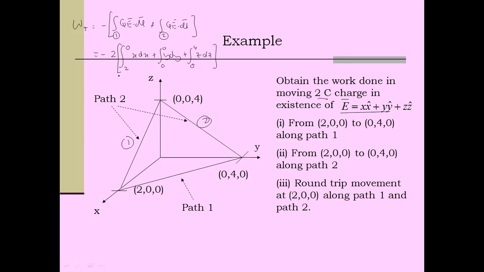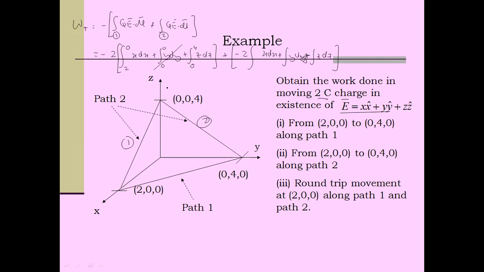So this is for route number 1, and that can be equal to 0, whereas for the second integration, route number 2, that should be -2 times the integration of x dx plus the integration of y dy plus the integration of z dz.